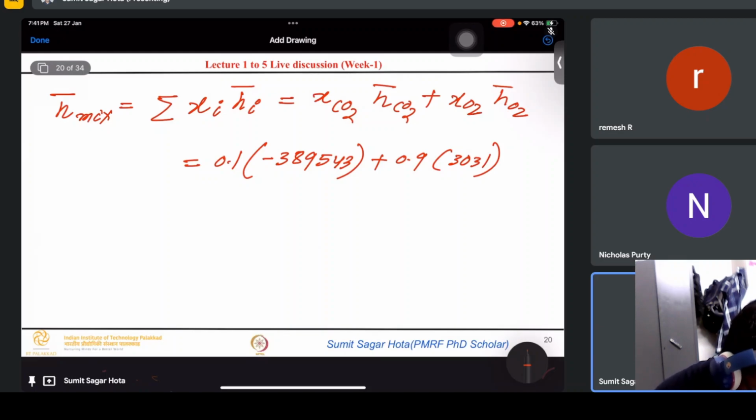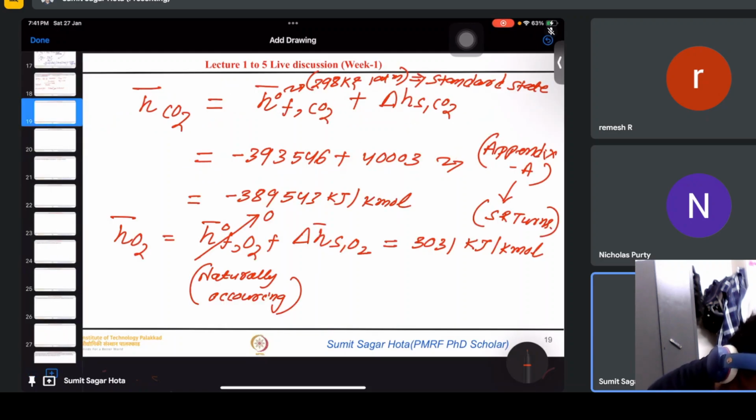These values are not from the book; I already calculated them. h bar of CO2 and h bar of O2 are already calculated: minus 393,546 and 3031, and so on. These values you take from the enthalpy of formation and sensible enthalpy.